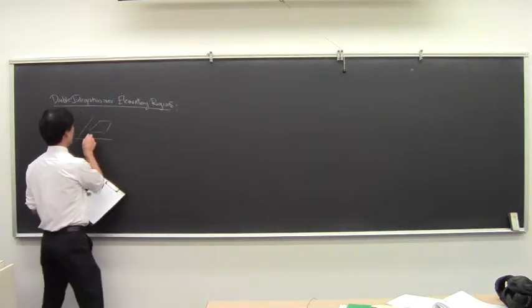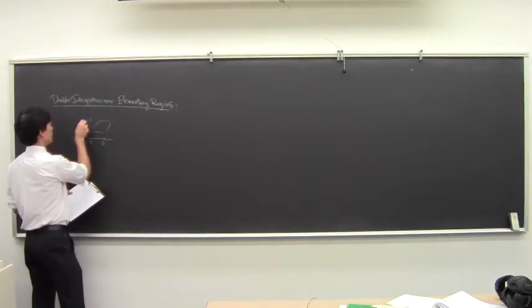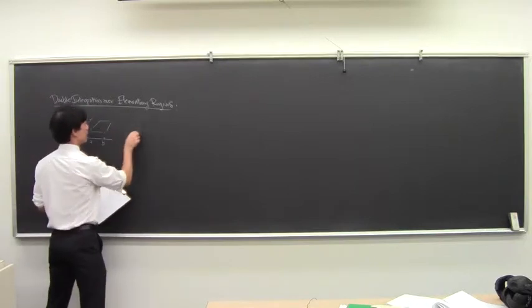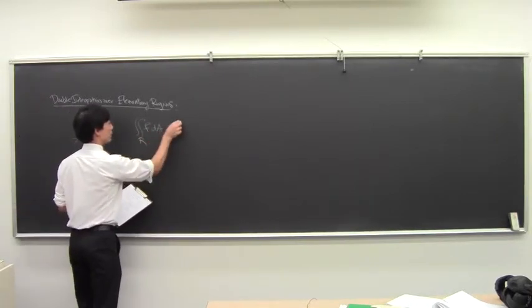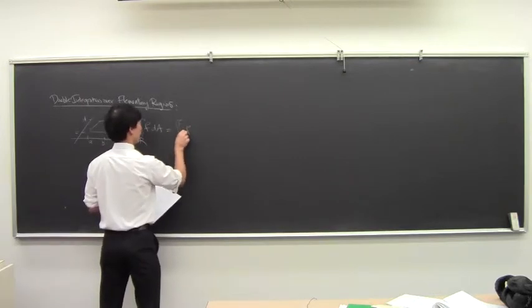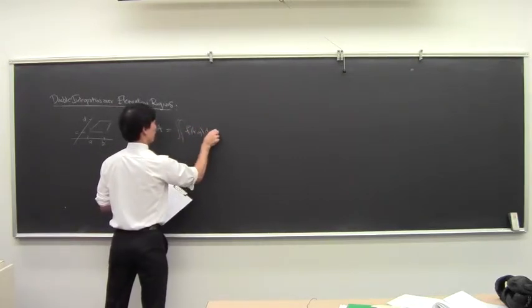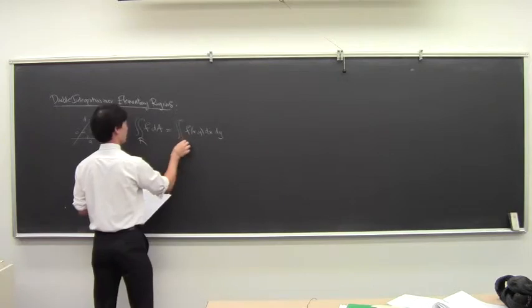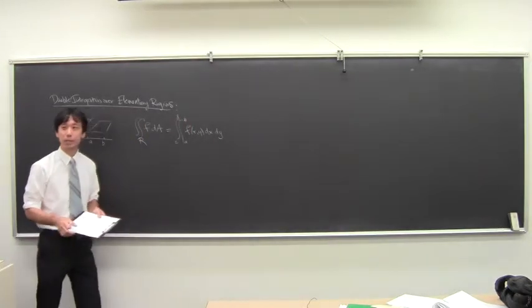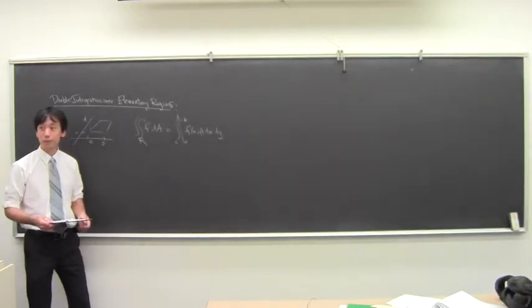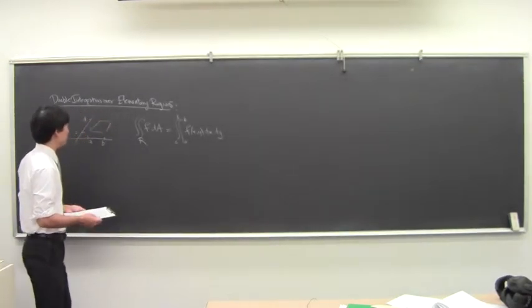And if this is say AB, CD, then your double integral over the rectangle could be recognized either as integrating over x first and then y, or integrating over y first and then x, right? As long as the function was continuous.